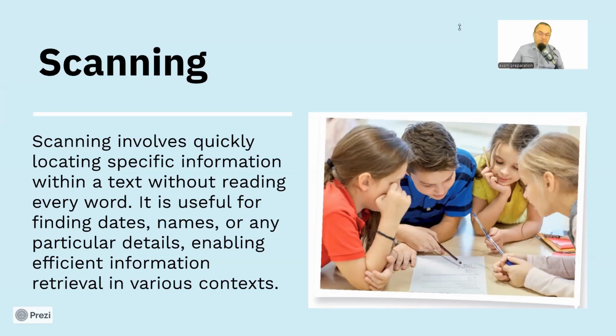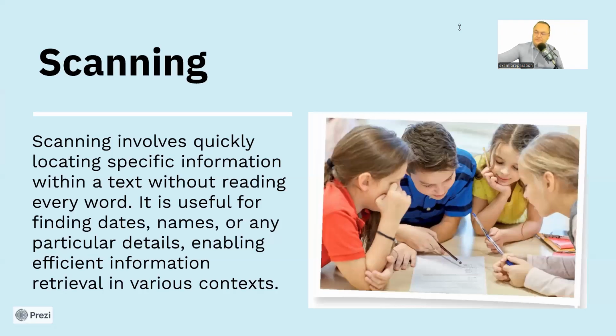It is useful for finding dates, names, or any particular details, enabling efficient information retrieval in various contexts. Think about when you read a piece of text only to find one specific word or detail or just a piece of information.